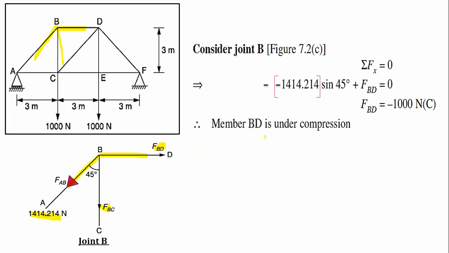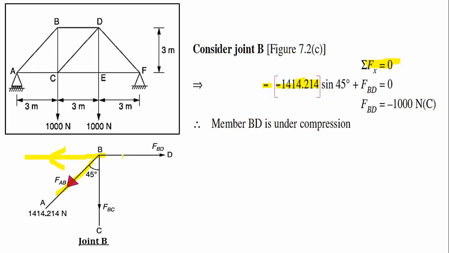First let us apply summation of F of x is equal to 0. Next we take this F AB, which has to be resolved along the x direction. If you see the arrow, it is moving away from the joint, therefore minus F AB. F AB value we got as negative, so minus of minus 1414.214, so minus minus becomes plus.